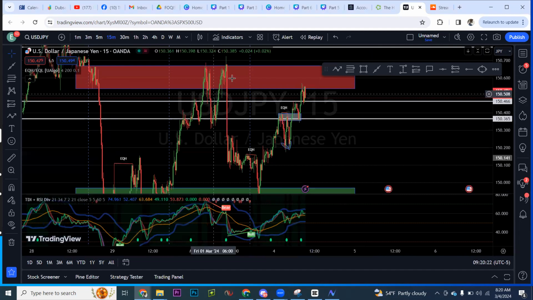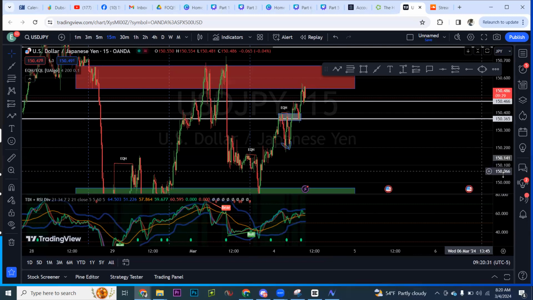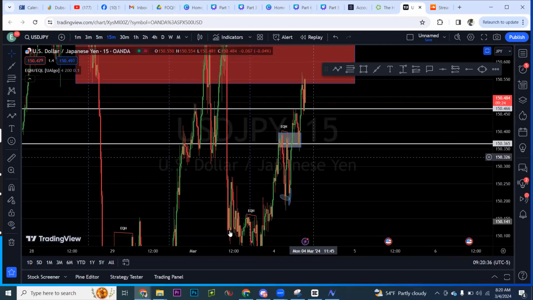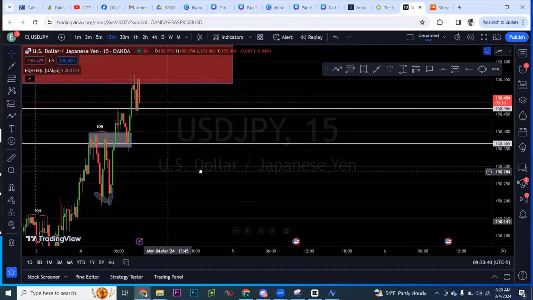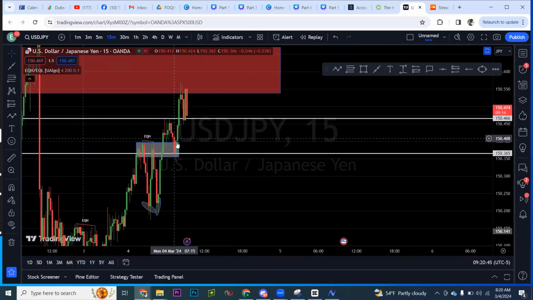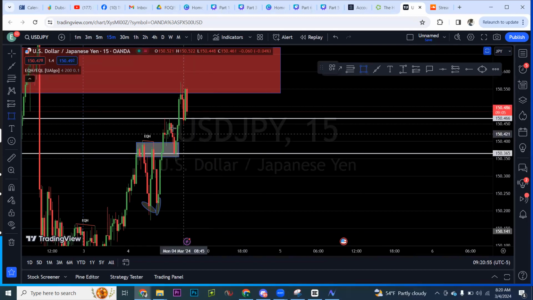Yeah, I got you. So this is where the money's sitting at. It took out the equal high. And hold on, wait a minute, I can do it this way. So we have the 4 candle sequence, 4 candle pattern here. Imbalance is here.